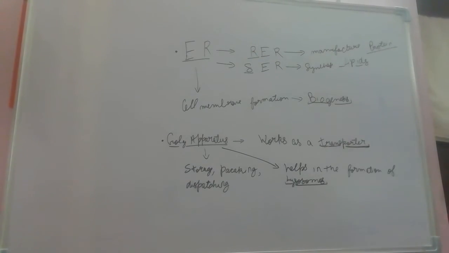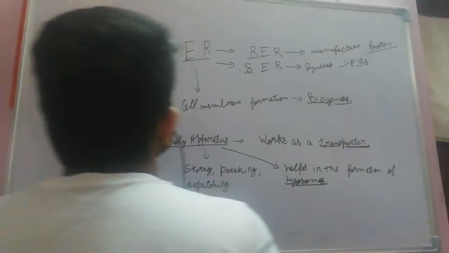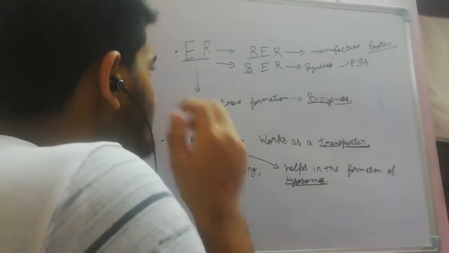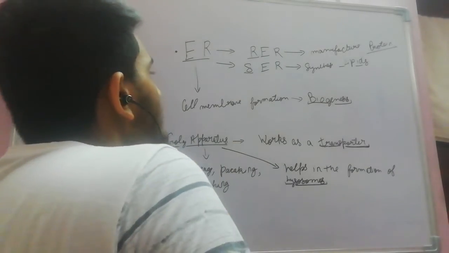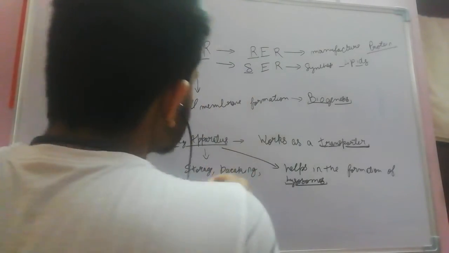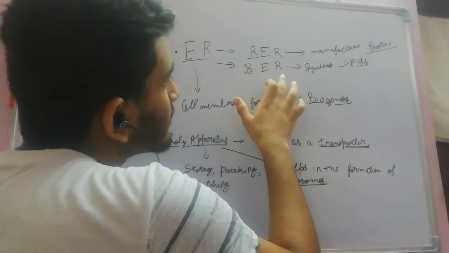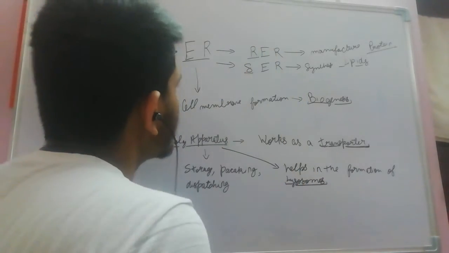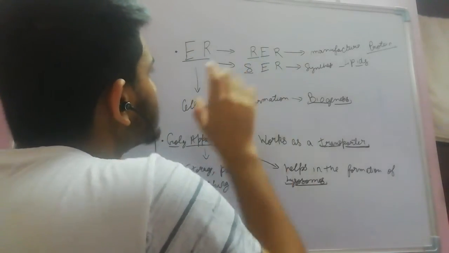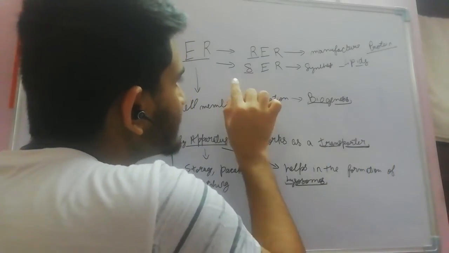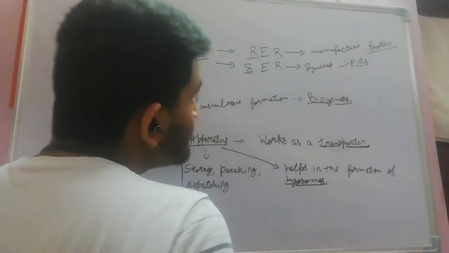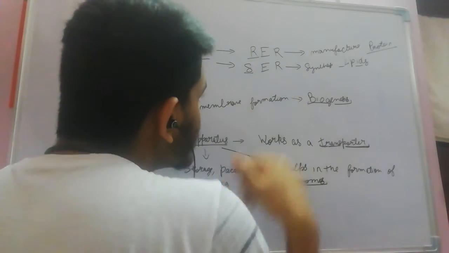Now we'll talk about our first cell organelle, which is the endoplasmic reticulum, also called ER. Endoplasmic reticulum has 2 parts, RER and SER. Why are R and S added to it? RER is rough endoplasmic reticulum and SER is smooth endoplasmic reticulum. Why is RER called so?